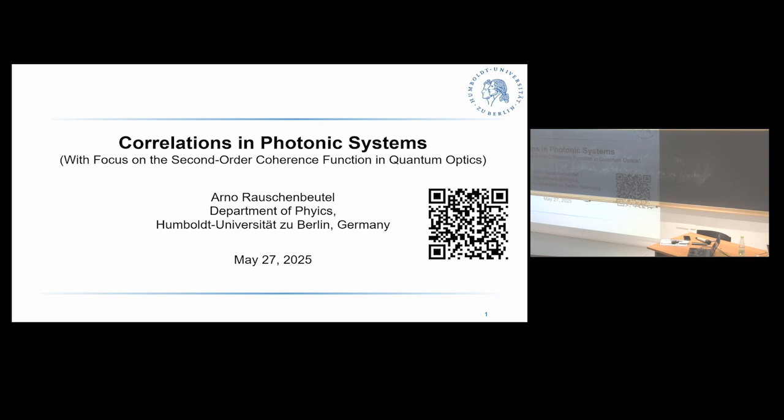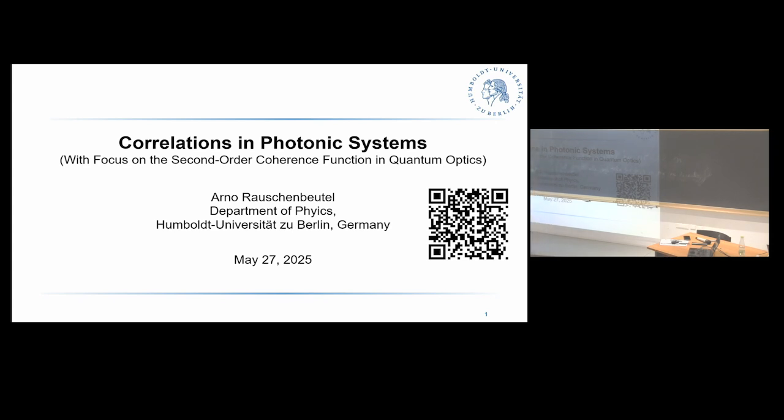Okay. And in analogy to this, from here I deduce that the mean of the square of the intensity must be larger or equal than the square of the mean of the intensity.